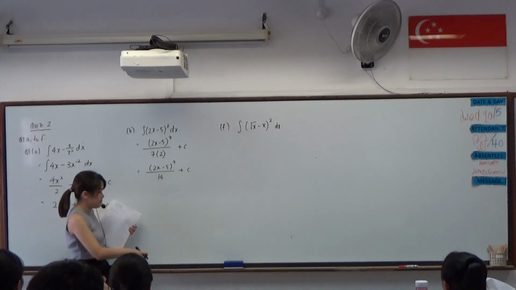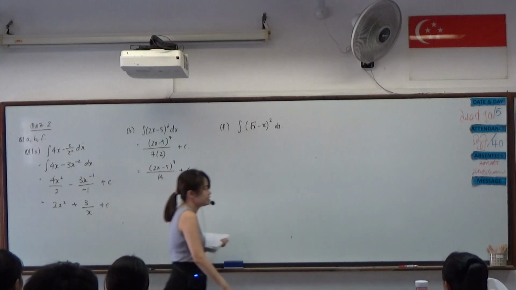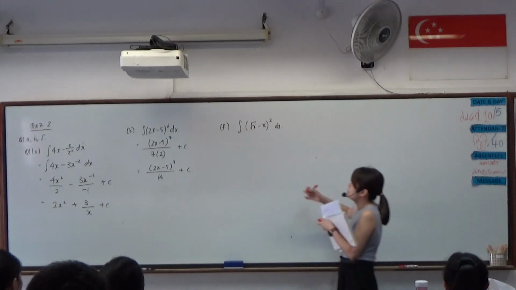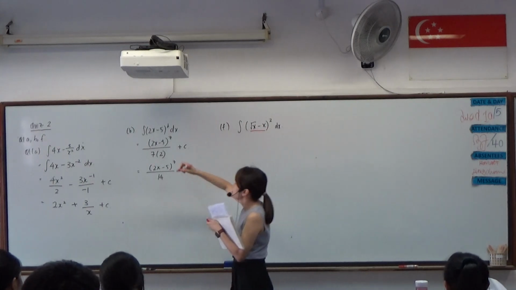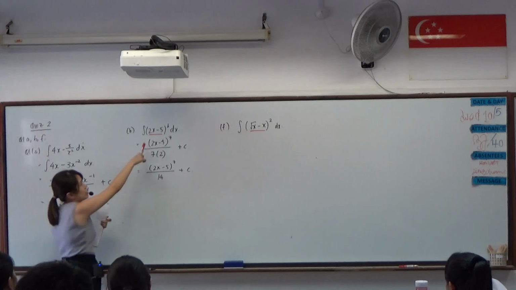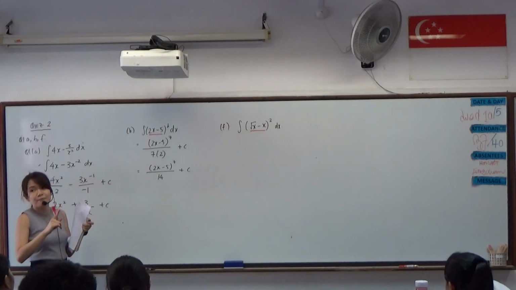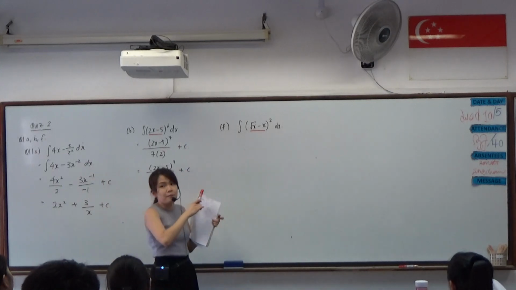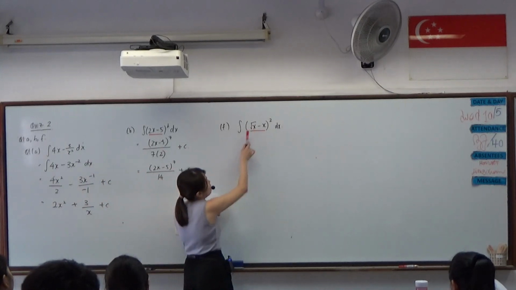The reason is because the thing found inside the brackets is not linear. This is square root x minus x, and that was 2x minus 5. Linear will mean that the power of x is power of 1. It's a degree 1 polynomial. This is not a degree 1 polynomial. In fact, it's not a polynomial at all because this is x to the power of half.